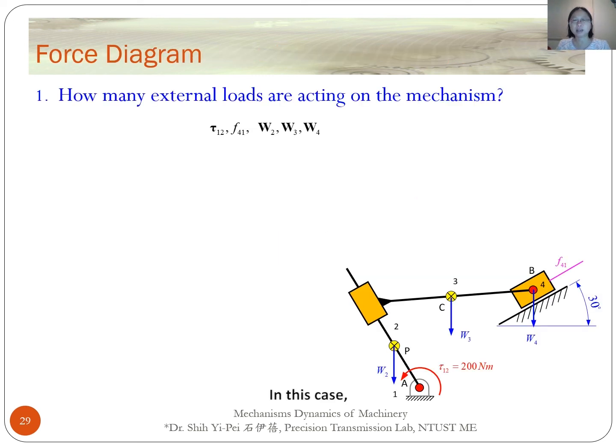In this case, we have input torque tau12 and output force F41 and the three weights W2, W3, and W4 of members. Here output force F41 is unknown.